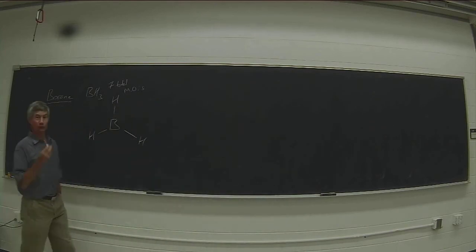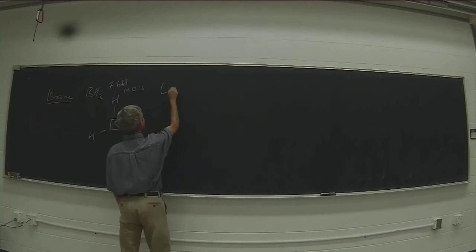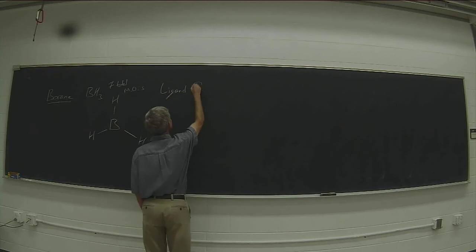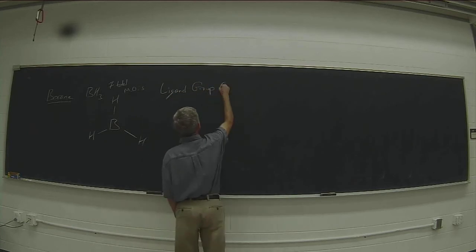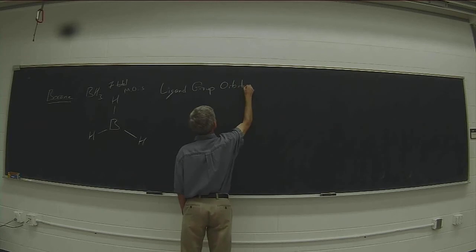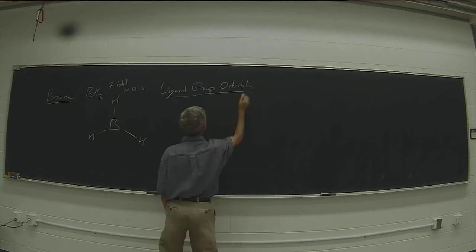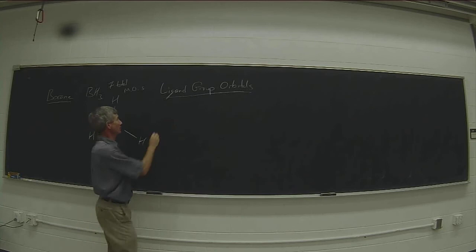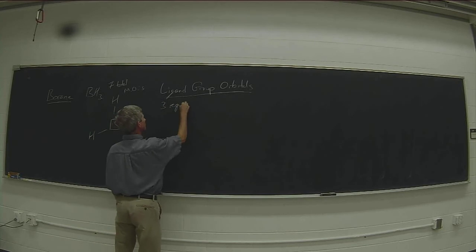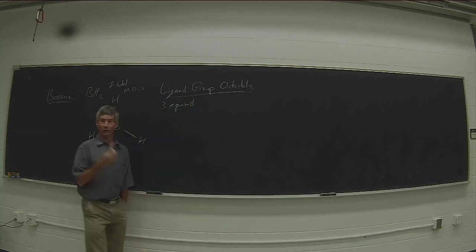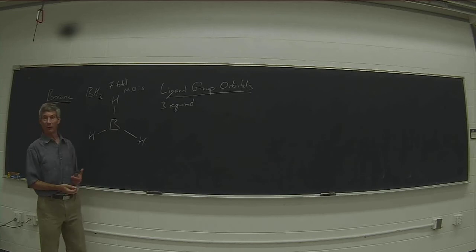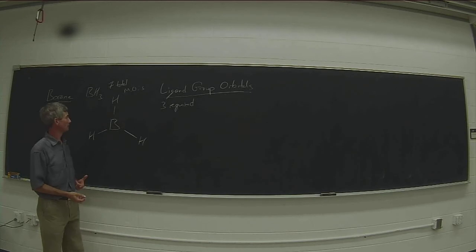And once again, we're going to turn to ligand group orbitals. But now we'll have to have 3 of them, because there are 3 hydrogens, each of which brings one s orbital with them.